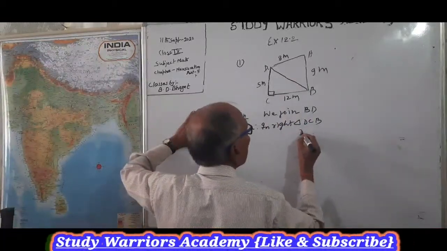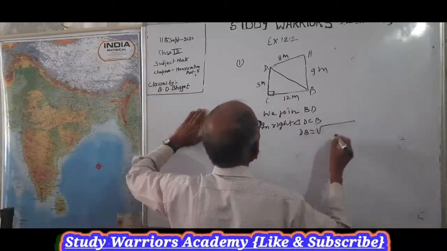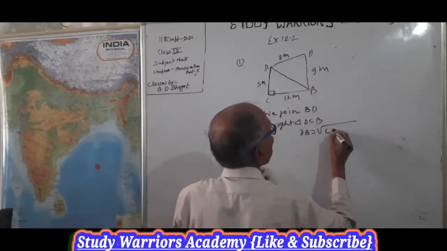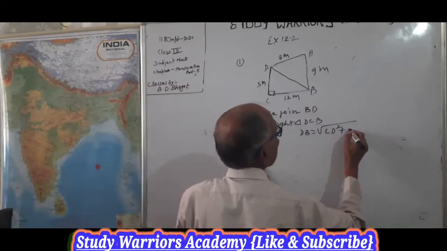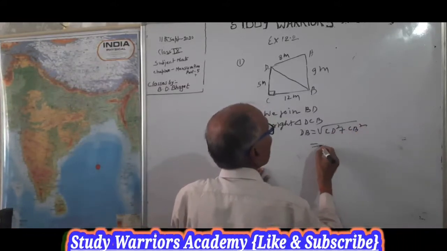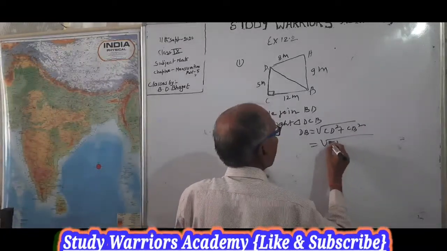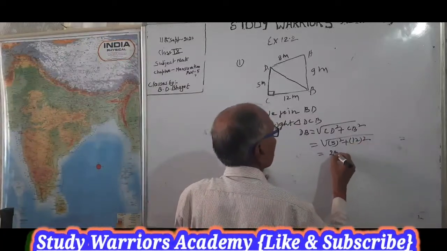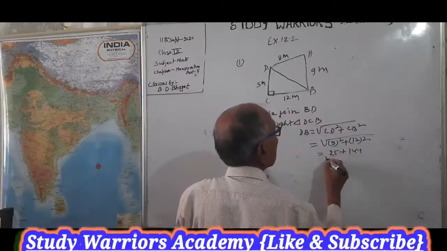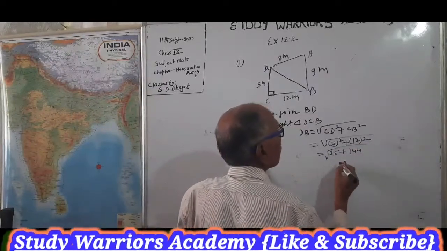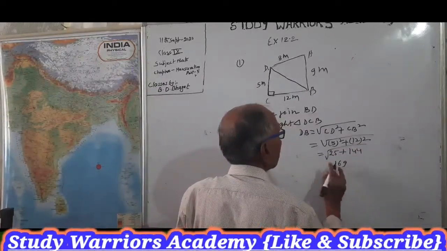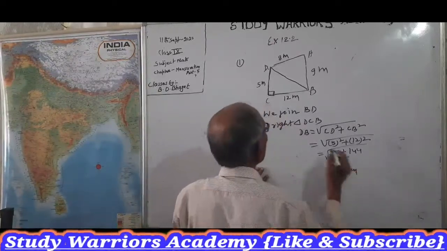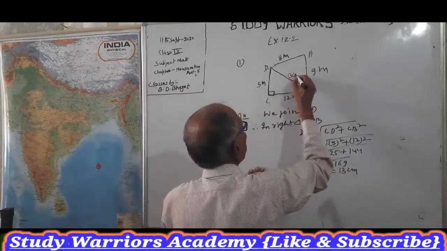So DB, hypotenuse, is equal to under root perpendicular square CD or DC, whatever you may say, plus CB square, 5 square plus 12 square, 169, under root 13. So this is 13 meter.